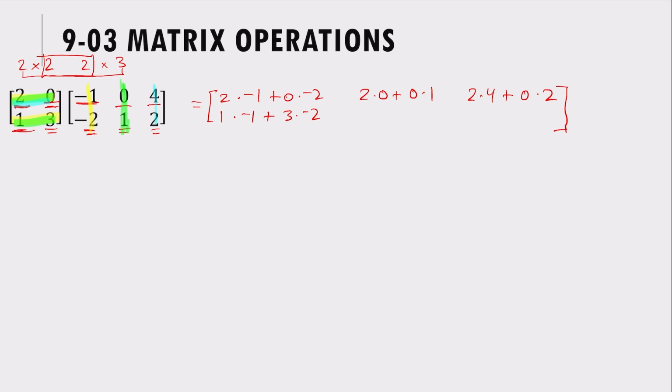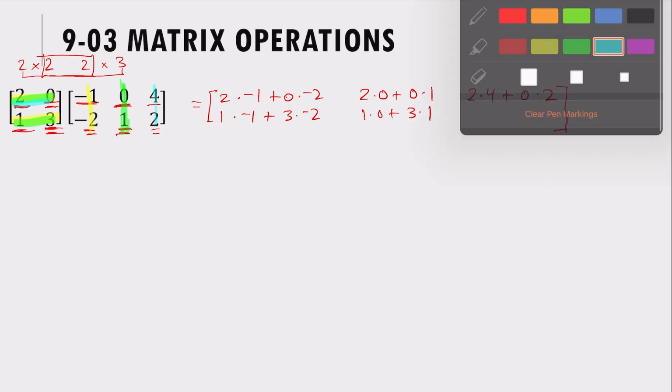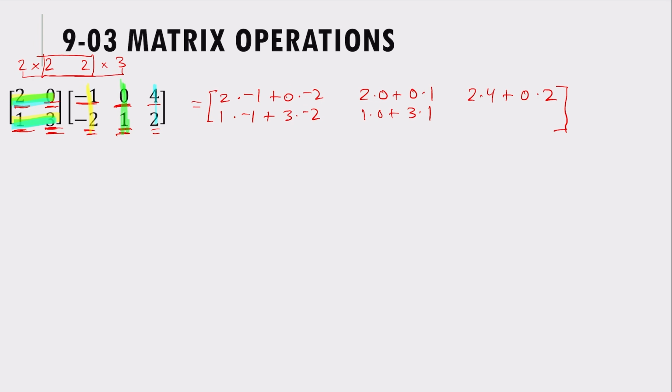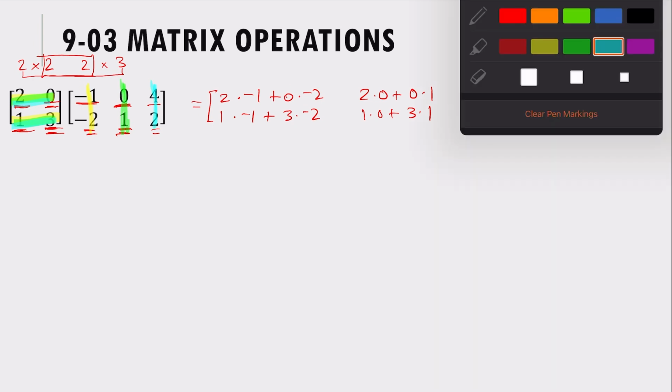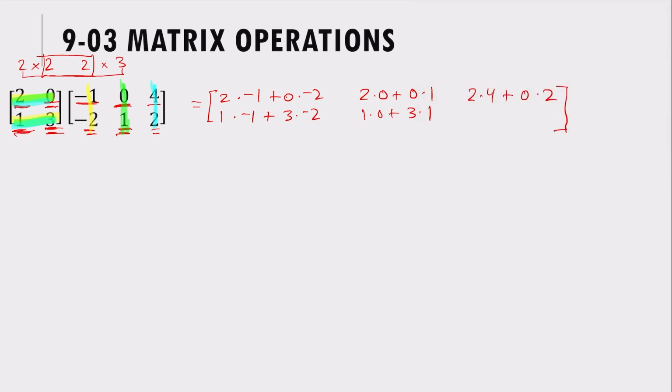Be 1 times 0 plus 3 times 1. And then we can do second row, third column. So it'll be 1 times 4 plus 3 times 2.